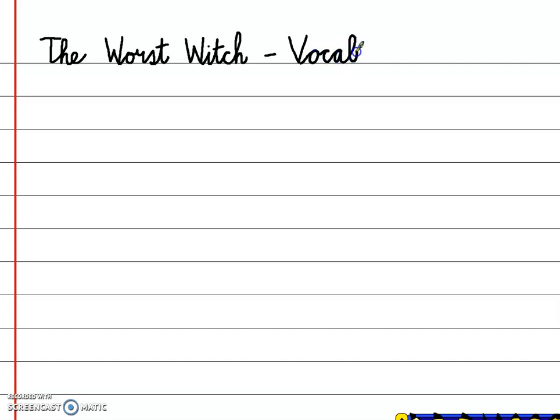V-O-C-A-B. There's vocab, which is the abbreviated version of vocabulary. U-L-A-R-Y. The Worst Witch vocabulary. And this should obviously be on the next blank page of your copy.